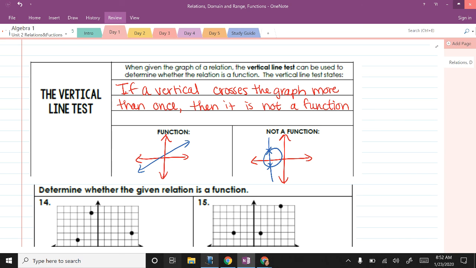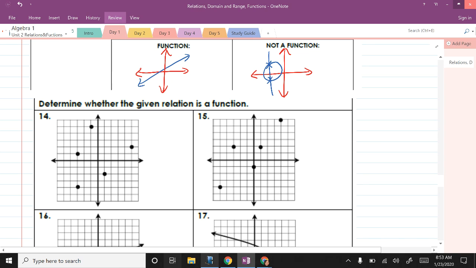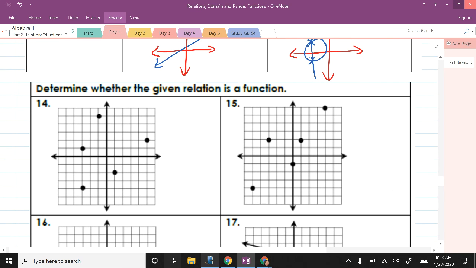So what we're going to do for the rest of those problems, 14 to 21, is the vertical line test. If it passes, we say yes, it's a function. Please stop talking. And if it fails the vertical line test, then no, it's not a function. When you have points, you want to see if any of them line up vertically.